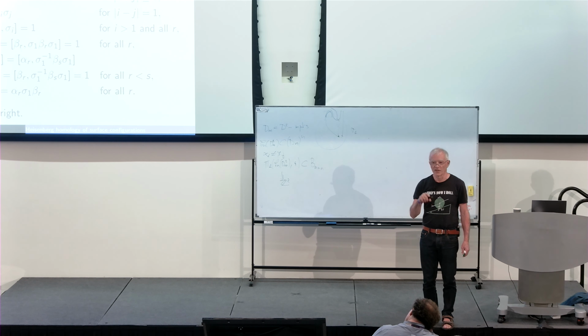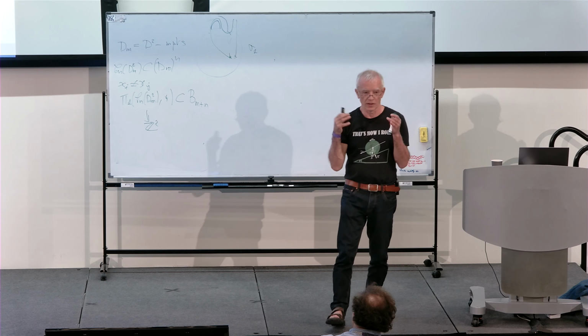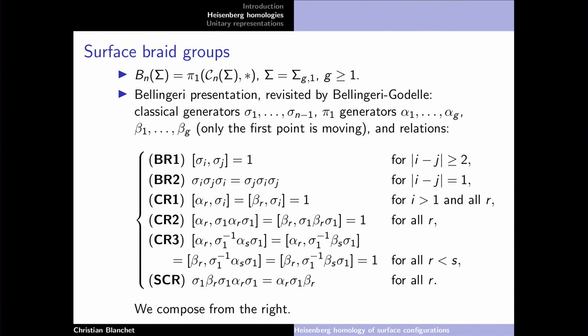And this is what I meant by the fact that if you are brutal and take abelianization, then you will have something which is not really stronger than taking homology of the surface. But you see that if you q-commute, then that's fine.